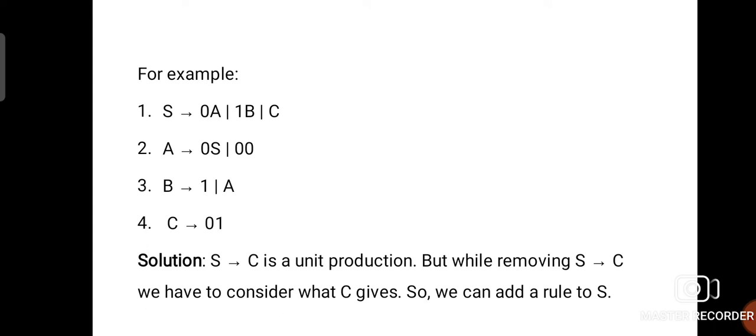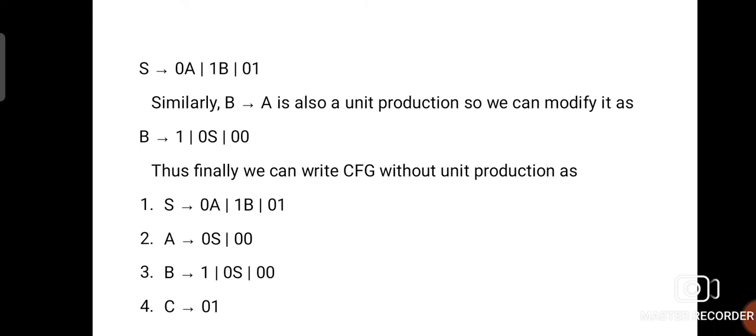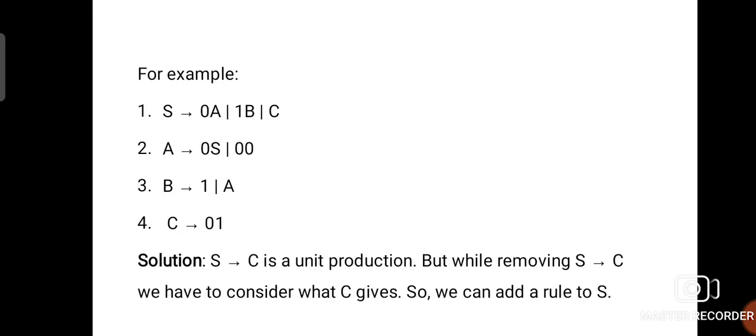So we have to substitute the previous production value in the place of A so as to eliminate the unit production. So in this manner we have eliminated the unit productions. That is, in the place of C, we have substituted the value of C, and in the third production we have to eliminate B tends to A. So in the place of A, we have substituted production number 2.